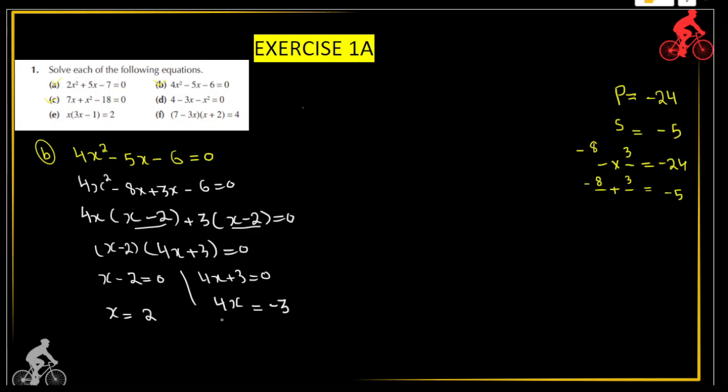Now to simplify further, we divide both sides by 4 to find the value of x, so negative 3 over 4. This will be our solution set: x is equal to 2 and x is equal to negative 3 over 4.